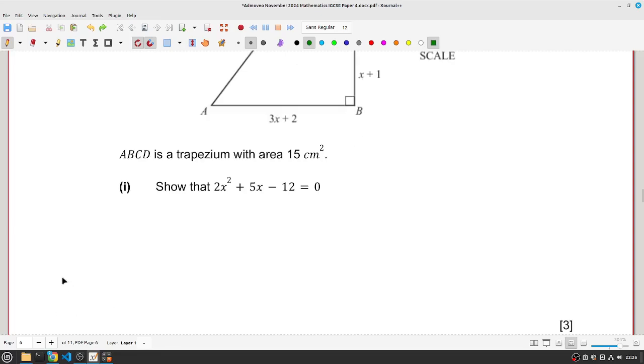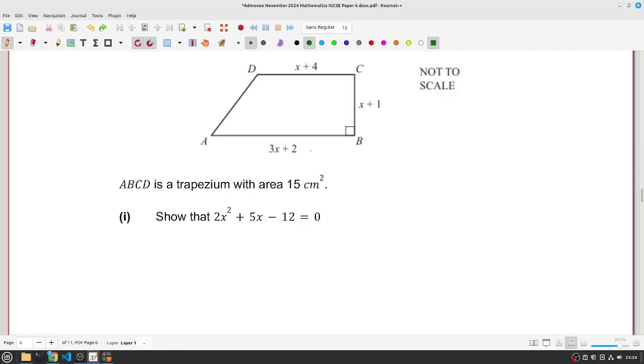So let's start with the area for the trapezium. Area of a trapezium equals half times the sum of the parallel sides times the perpendicular height.